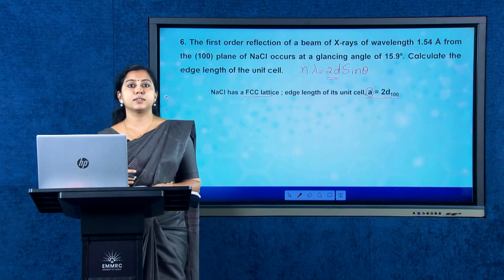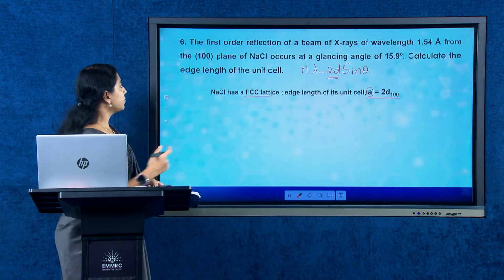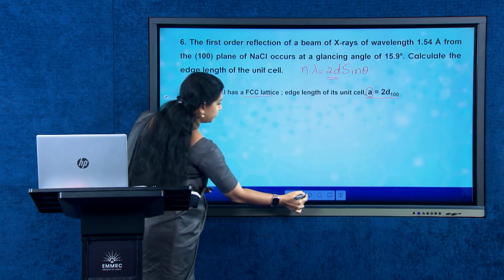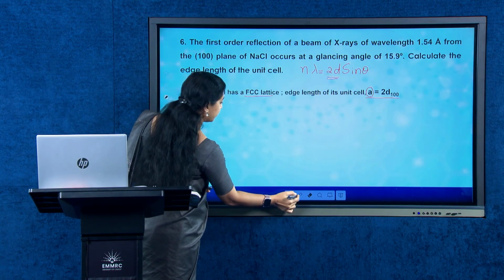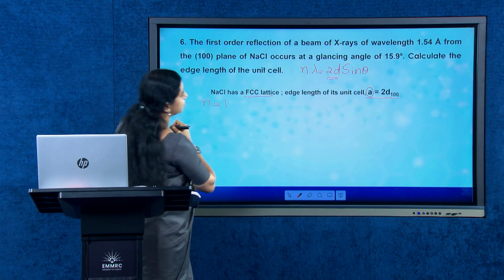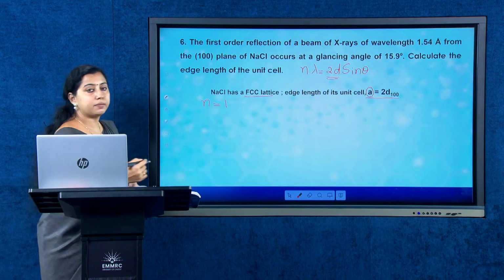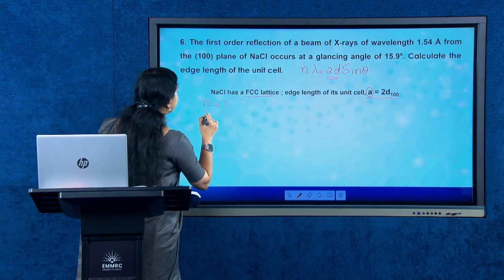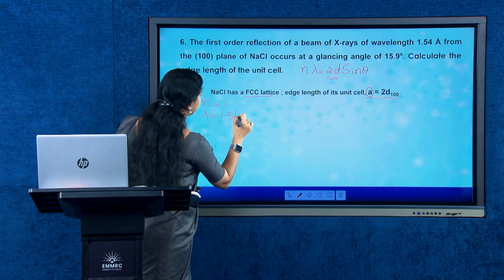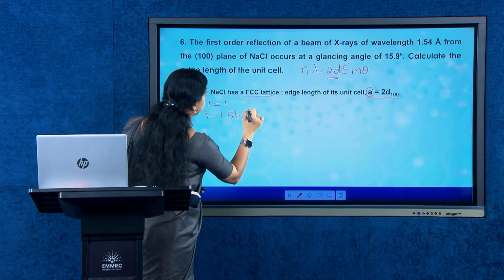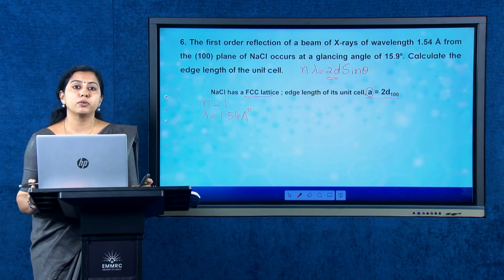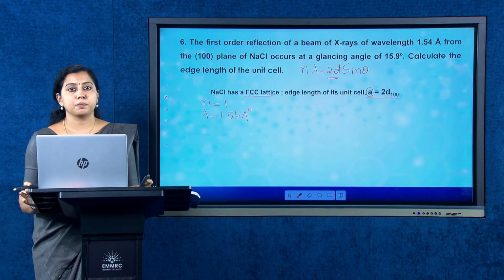Okay. Now, let us write the known parameters. It is given, it is a first order reflection, so we have n is equal to 1. The X-ray wavelength is given, lambda is equal to 1.54 angstrom. If it is in meters, that will be 1.54 into 10 to the power of minus 10 meters.